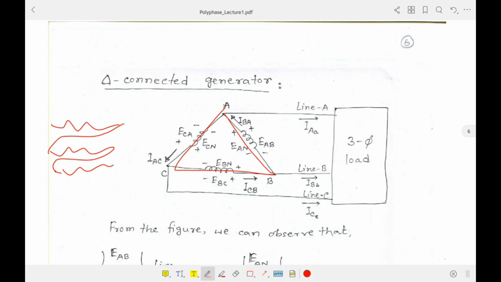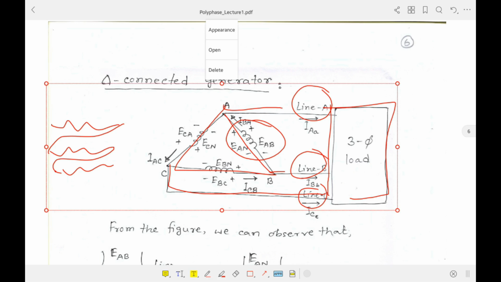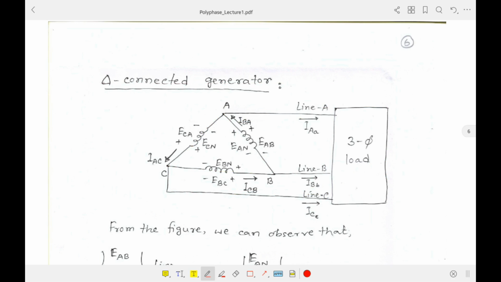In case of delta connection we have three points, A, B and C. So we have connected a three-phase load to these three terminals. This is line A, line B and line C, and these are the line components or the phase components of voltage. In case of delta connection, the line voltage and phase voltage are equal. So let me show you. Let's say this phase's voltage, I can say EAN, similarly for Y connection.